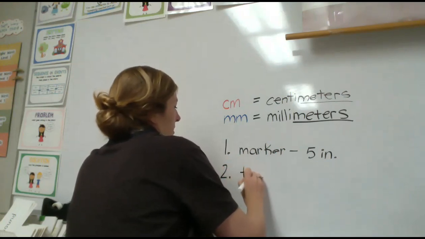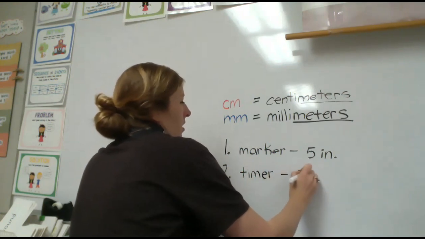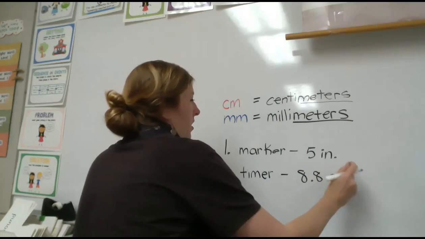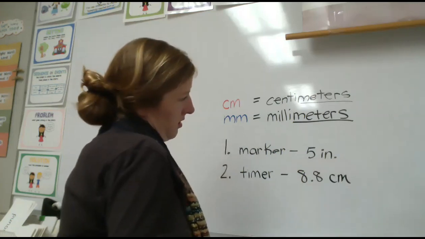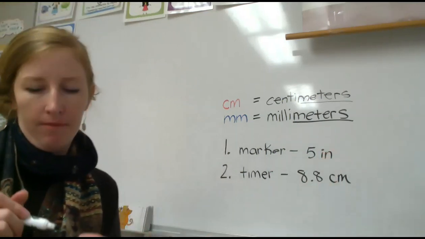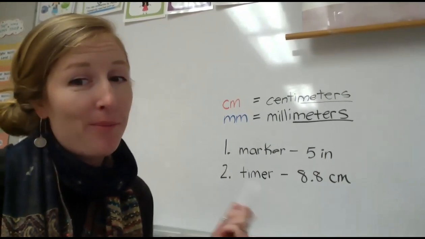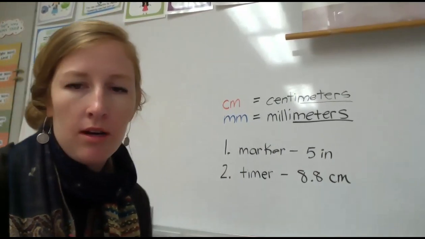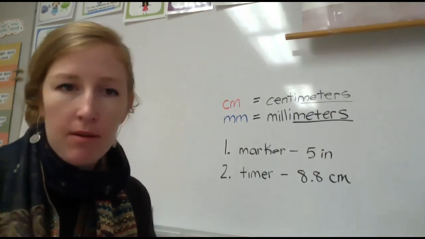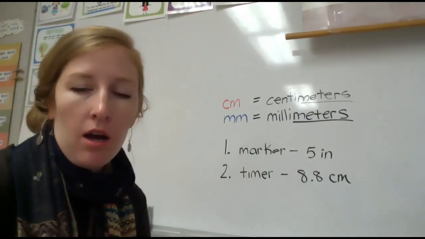Say timer. You don't have to do the dots. Okay. I could have also said 88 millimeters, right? So it's up to you, and it might also just depend what kind of ruler you have. It may not have centimeters on it, so you would just use inches.